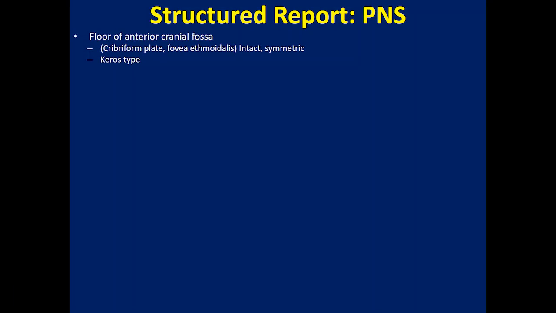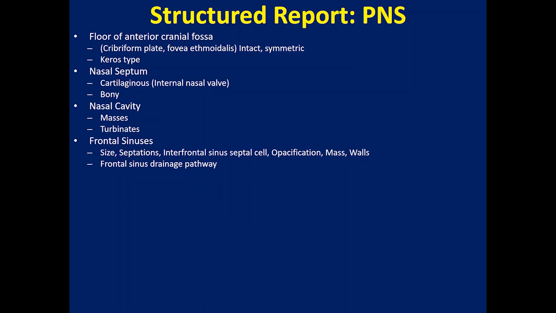I will look for if they're intact, if they're symmetric, the Keros type, the nasal septum. I will go into the subdivisions of the cartilaginous nasal septum, how it influences the internal nasal valve, the bony nasal septum. Then I will turn my attention to the nasal cavity, look for the presence of any hypertrophy of the turbinate, for the presence of masses.